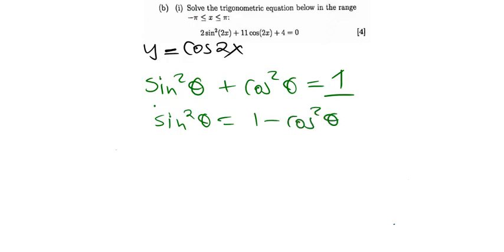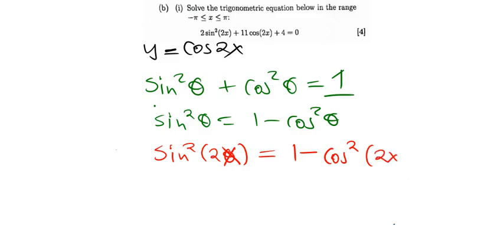Even if we put a double angle there, sine squared of 2x is still equal to 1 minus cosine squared of 2x.